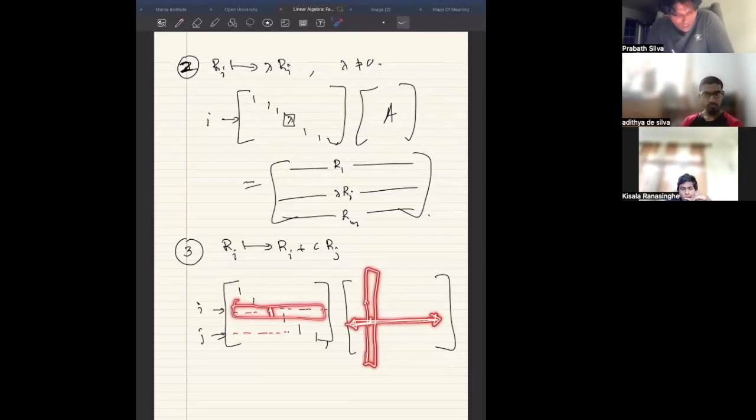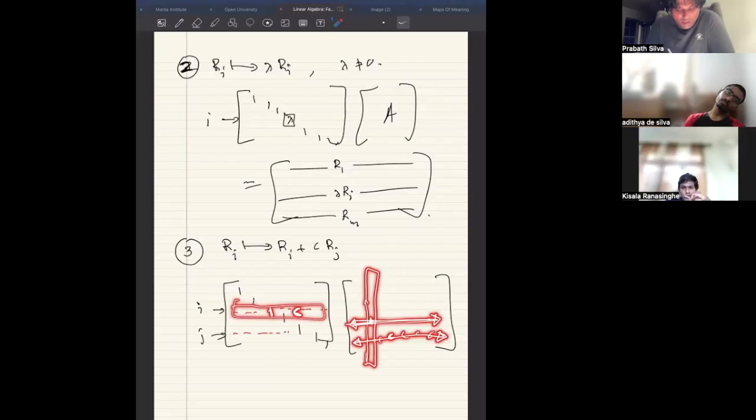And that's going to put it back into the ith row. But if you want to pick up a multiple of the jth row, you put a C here. Then when you multiply, you're not only multiplying these entries, but these ones too.